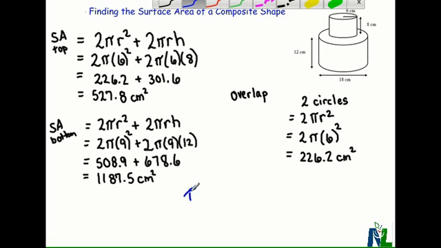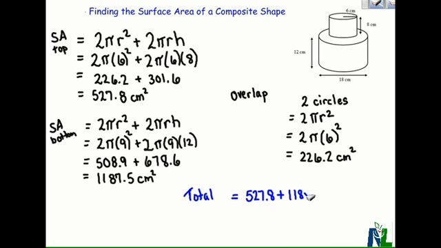So to finish this problem off, we need to calculate the total surface area. What we're going to do is add the surface area of the small cylinder plus the surface area of the larger cylinder, and we're going to subtract the overlap. So the total surface area is equal to 527.8 plus 1,187.5 subtract 226.2.